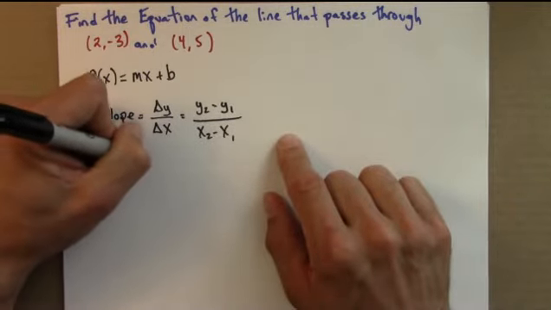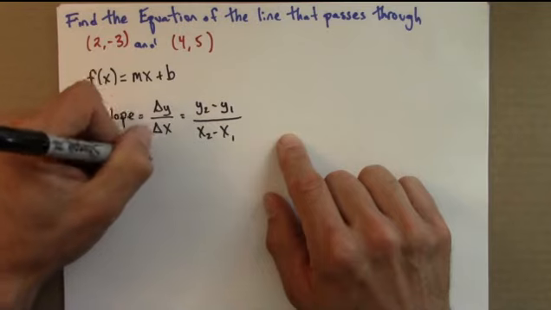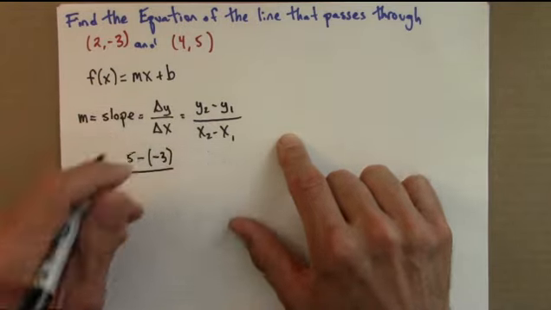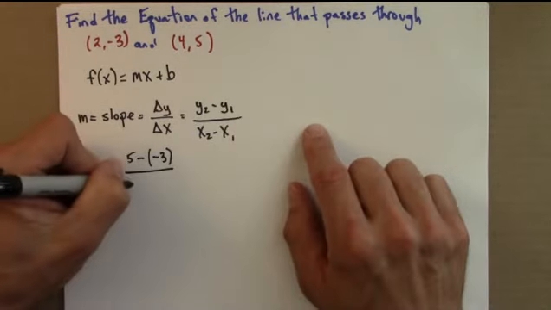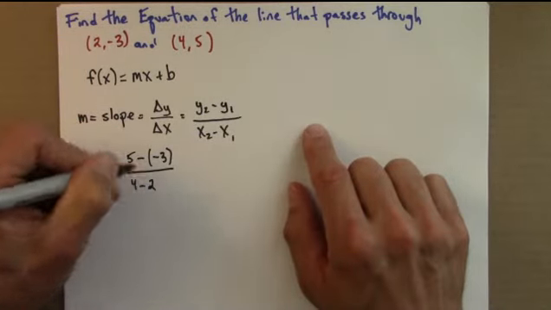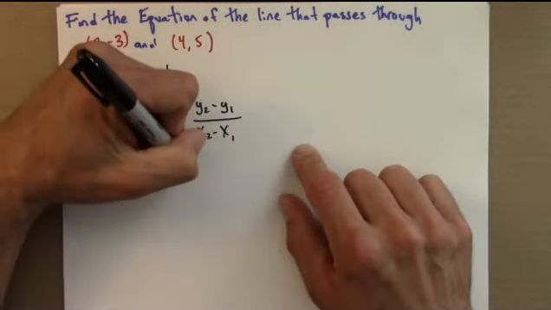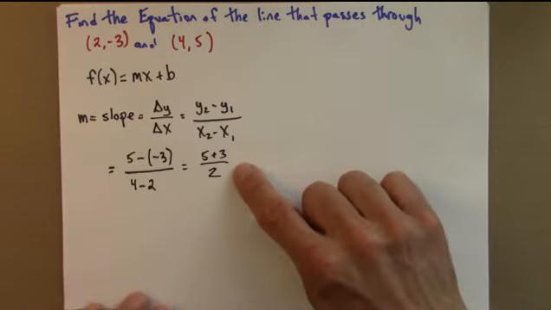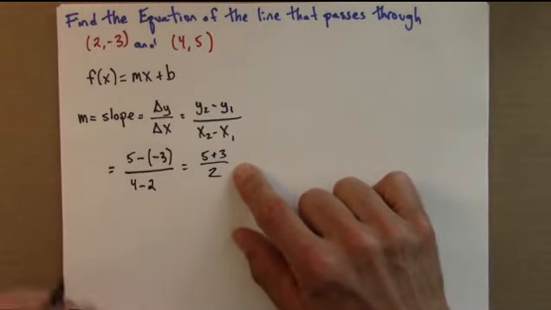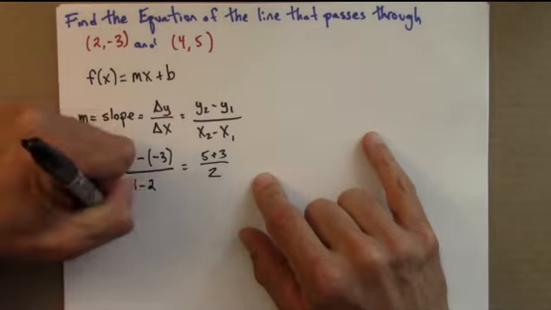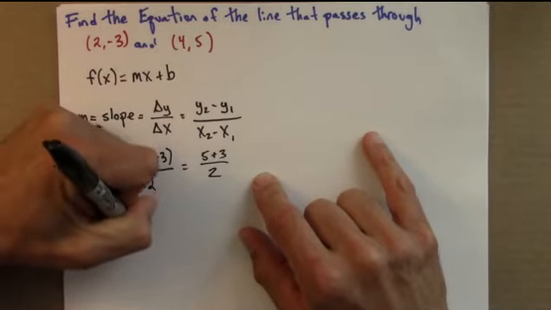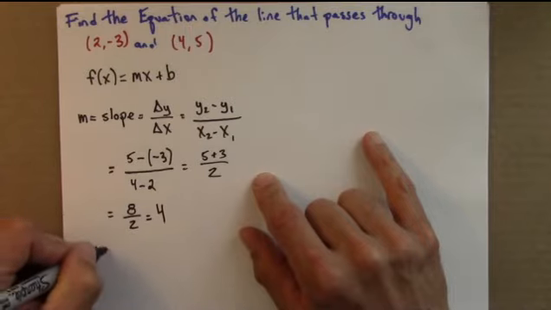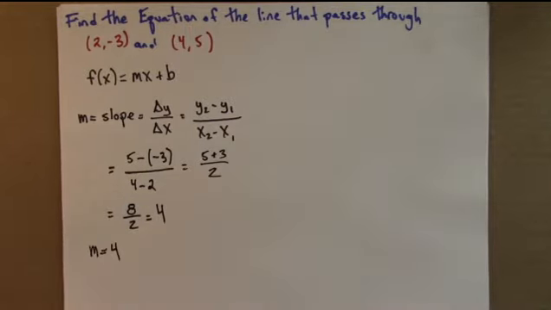So 5 minus negative 3 over 4 minus 2. So 5 minus minus, that's the same as plus. So this is 5 plus 3 over 2. And 5 plus 3 is 8. And 8 over 2 is 4. So we know that m equals 4. So we're halfway there.